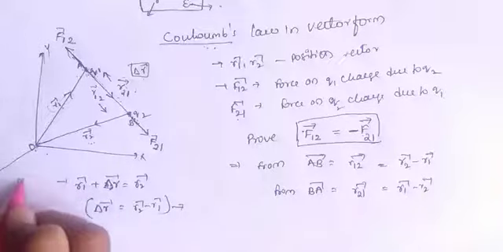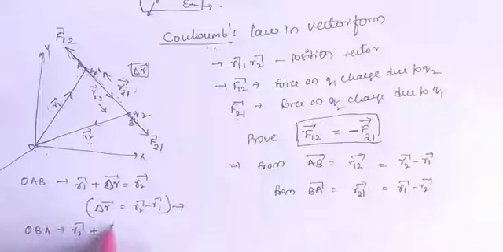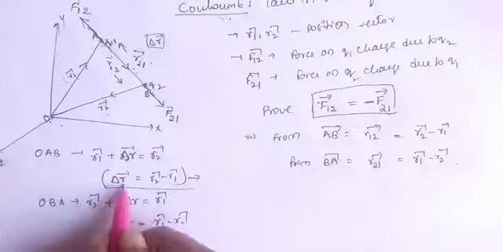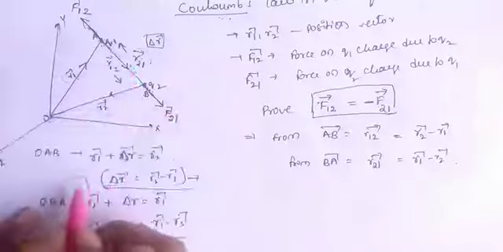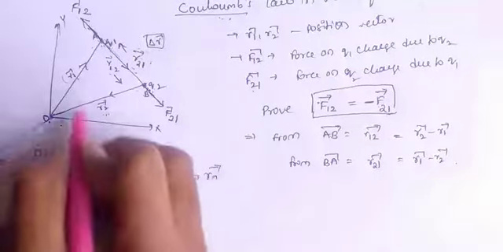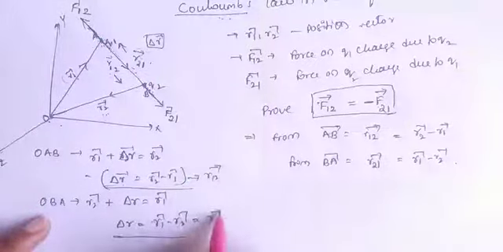This is from OAB, this is from OBA. So R2 plus delta R is equal to R1. Then delta R is equal to what? R1 minus R2. So delta R in this situation means R12. If we are going from here to here, then we are getting R21.